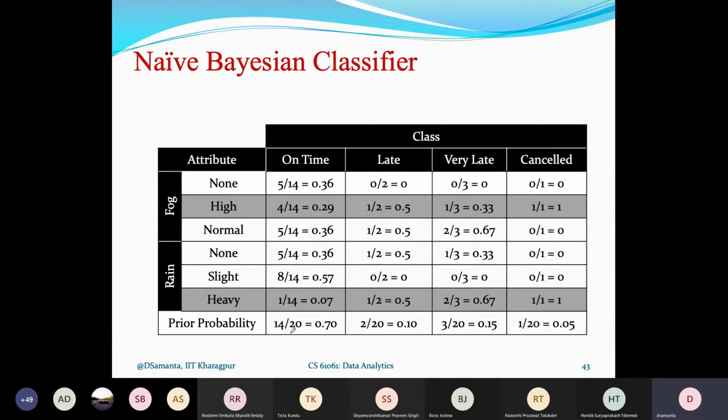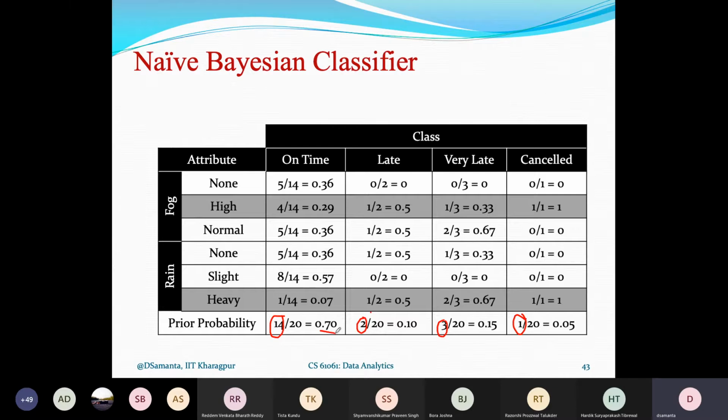Out of these 20 records, 14 records belong to class on time, 2 records belong to class late, 3 records belong to class very late, and 1 record belongs to class cancelled. Therefore we can calculate the prior probability that any record belongs to class on time. It will give you 0.70.